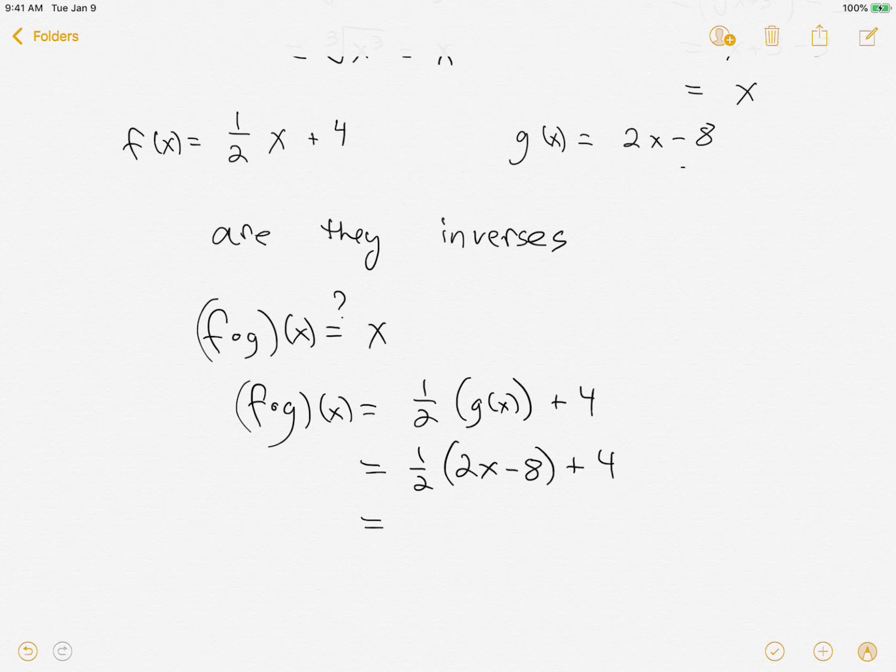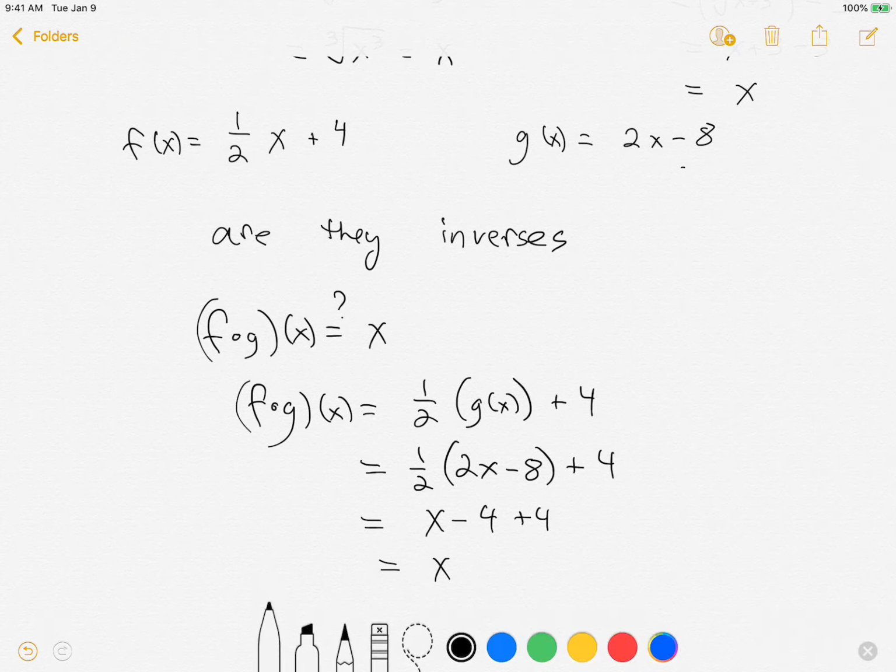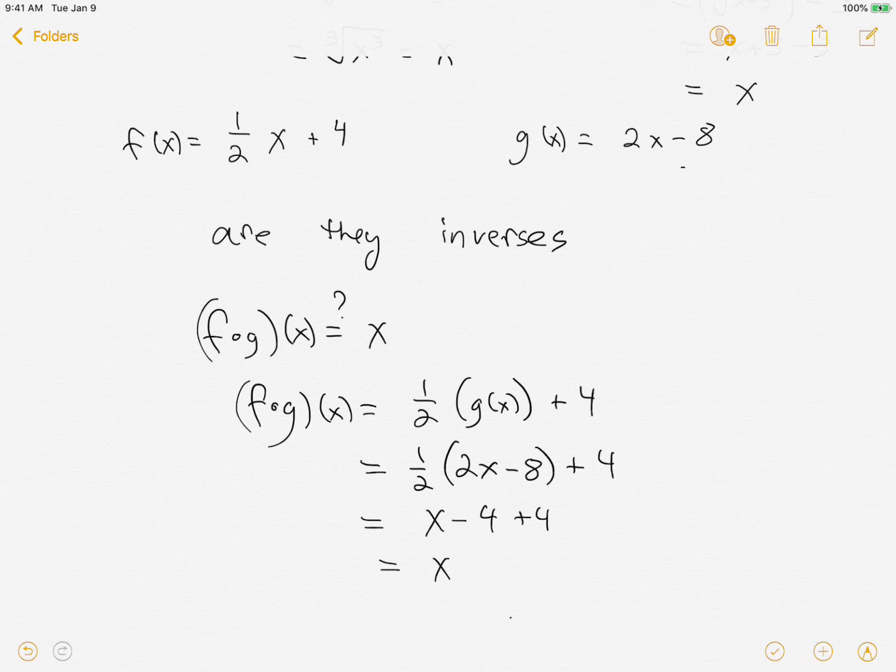Multiply by 1/2, we get x minus 4 plus 4, which gives us x. And that proves to me that f and g are inverses of each other. If it was anything besides x, let's say it was, I don't know, x minus 16, they would not be inverses. In this case, it was just x, so they are inverses. Okay, so let's stop there.